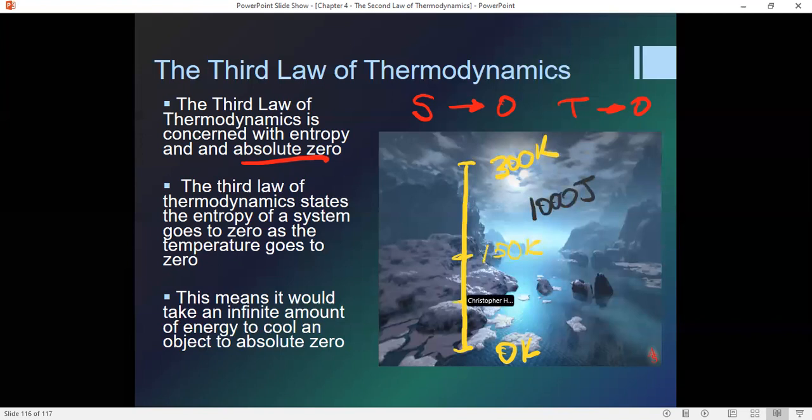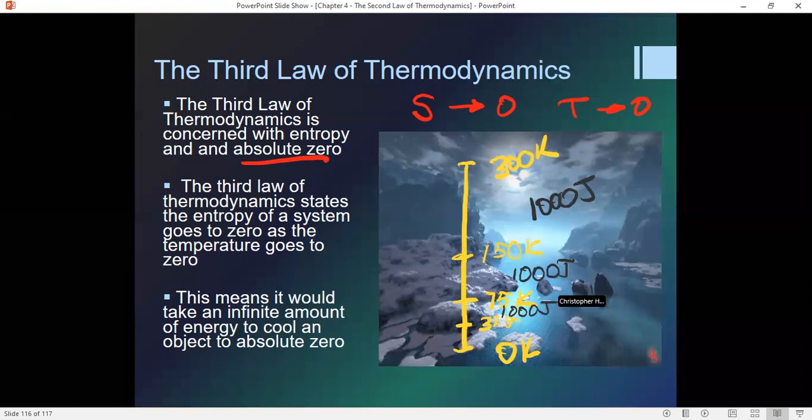To get to 75 K, using the same process and oversimplifying everything, it would take me another 1,000 joules. To get to half of 75, trying to do this in my head, 37.5, it'd take another 1,000 joules.